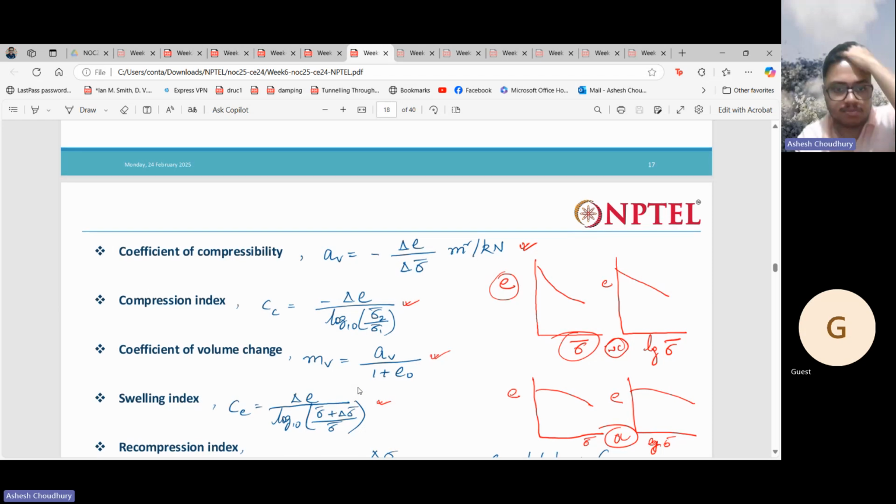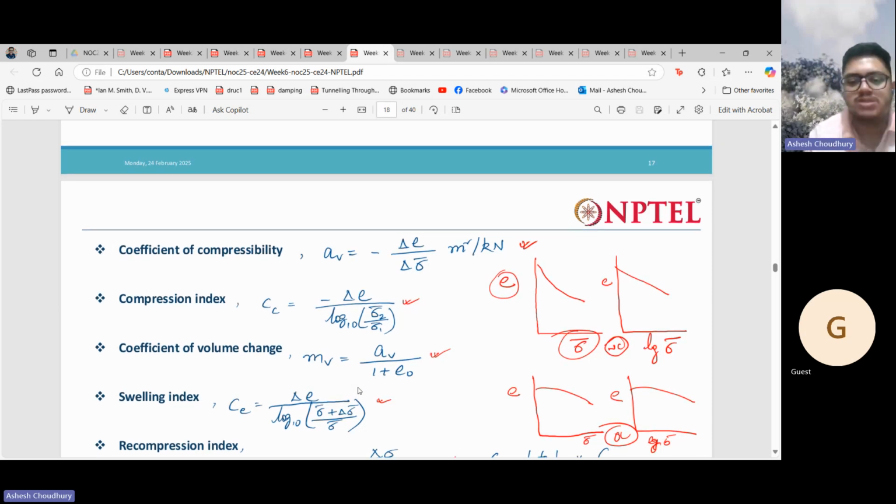And there are various terms. So av is the coefficient of compressibility. That is nothing but the slope of the void ratio versus effective stress curve. Then the compression index is the slope of the void ratio versus log of effective stress curve.